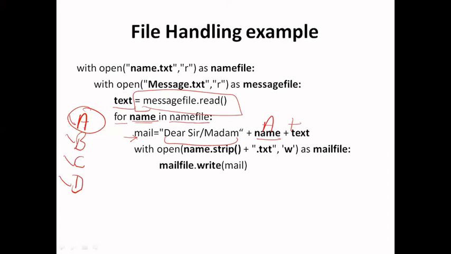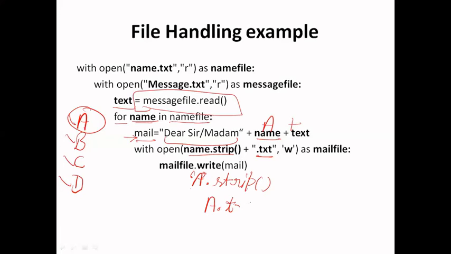We have stored this in a variable mail, and again we have opened a file. The name of this file is name.strip plus .txt. That means we have called a.strip. What will the strip function do? It will remove the leading and trailing spaces from this string A if there are any, and then this A will be concatenated with .txt. So the string will become a.txt.